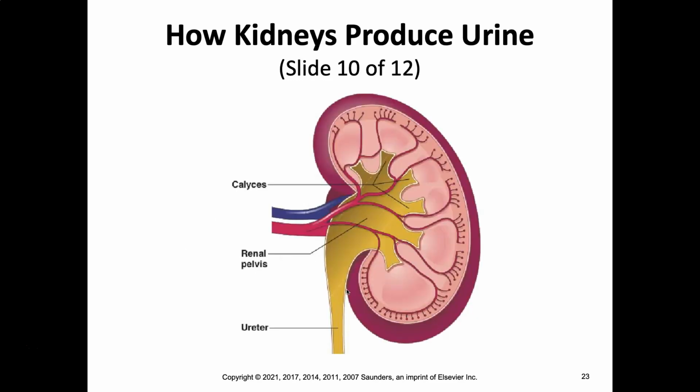And you can see why they would call it that. These are your calyxes. And then they have the renal pelvis here that leads to the ureter. And remember, each kidney has one ureter.